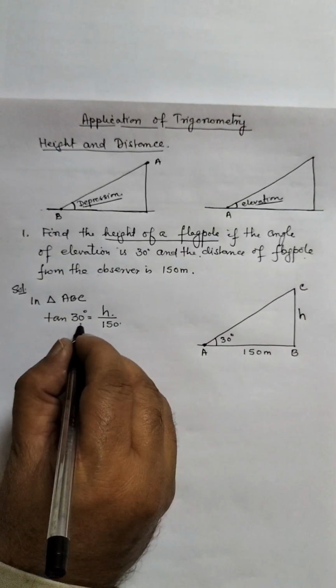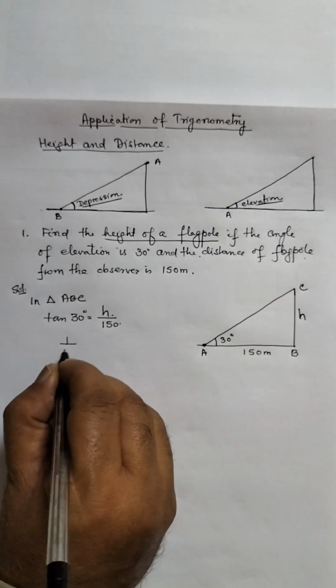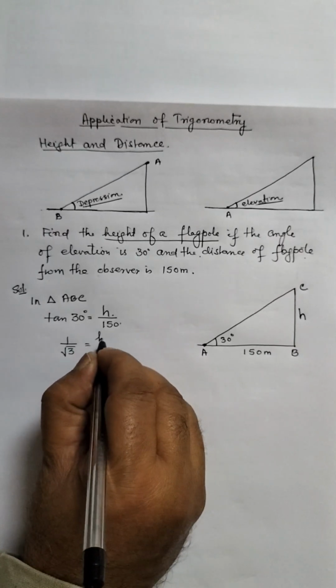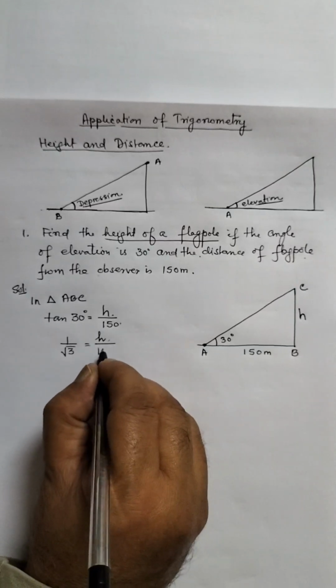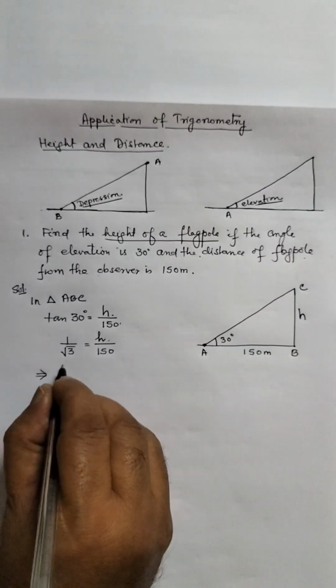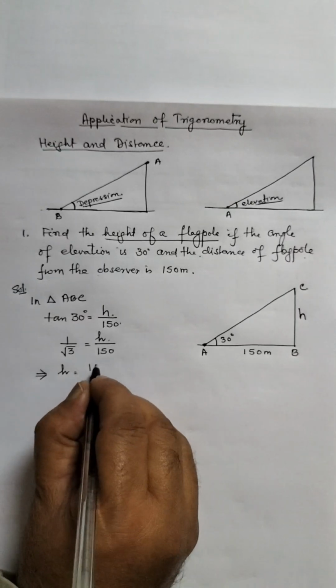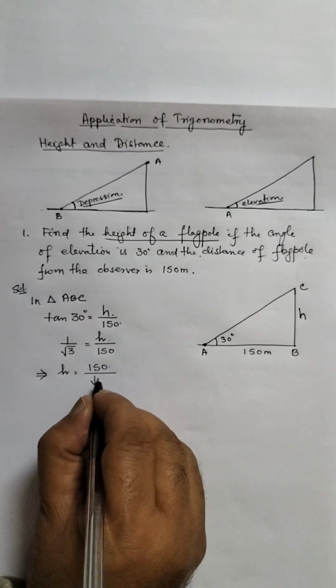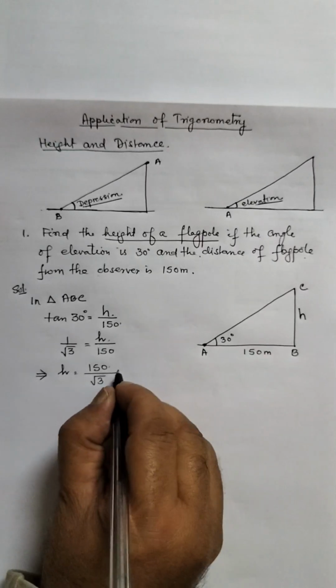Now the value of tan 30 is 1 upon root 3, which is equal to h upon 150. This implies that h is 150 upon root 3.